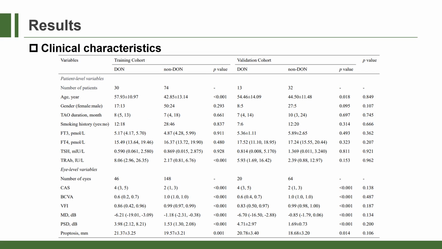Next, let's move on to the results section. Clinical and demographic characteristics showed no significant differences between the training and validation cohorts. This table also presents comparisons of clinical and demographic characteristics between the DON and the non-DON group in the training and validation cohorts, with consistent trends observed in both cohorts.